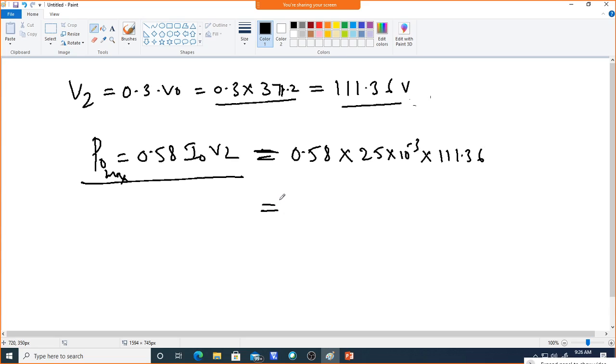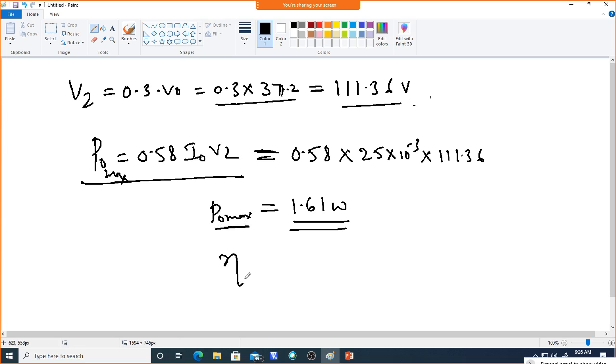How many watts? 1.61 watts. So this is the maximum power output we will get.